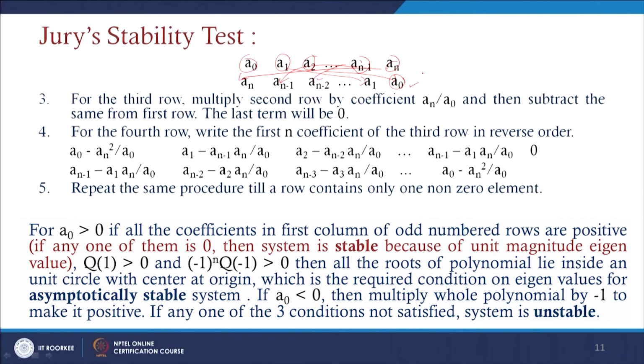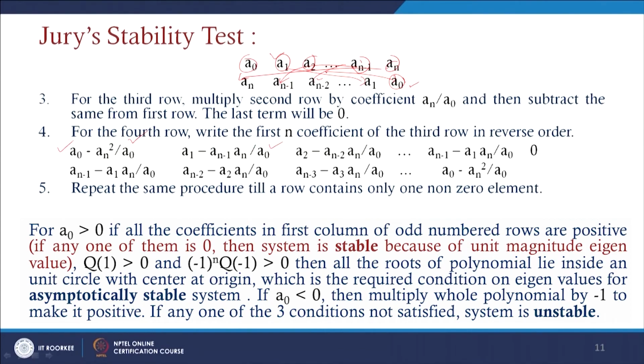And for the fourth row, write the first n coefficients of the third row again in reverse form. So the third row representation will be a0 minus an multiplied by an by a0, so it will give you a0 minus an square by a0. Second, a1 minus an multiplied here, so an minus 1 into an by a0.